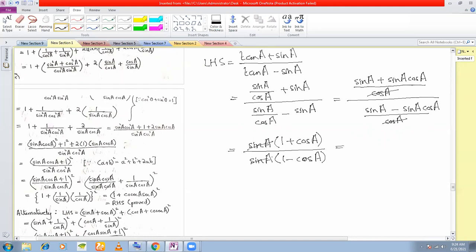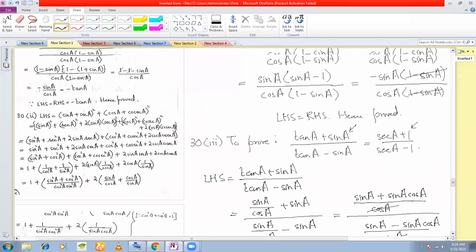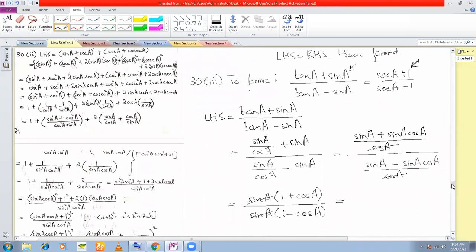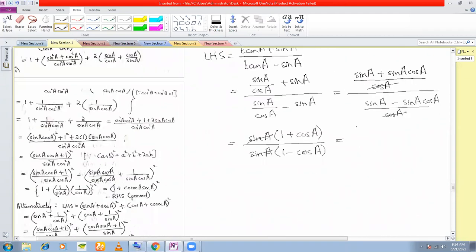Now again sin A and sin A will cancel. You get 1 plus cos A by 1 minus cos A. But the right hand side you see is in terms of sec. We change cos to sec. We write cos A as 1 by sec A. Take the LCM.